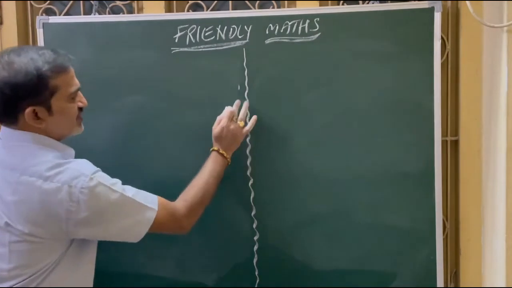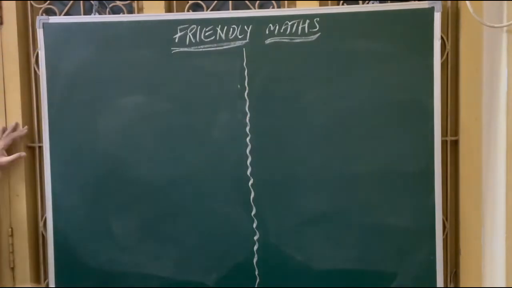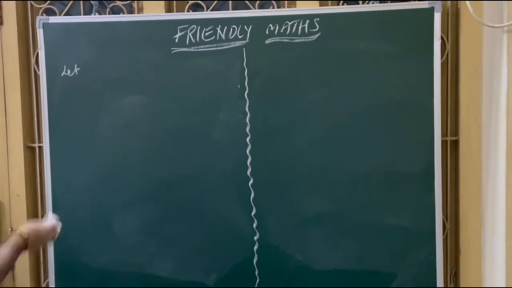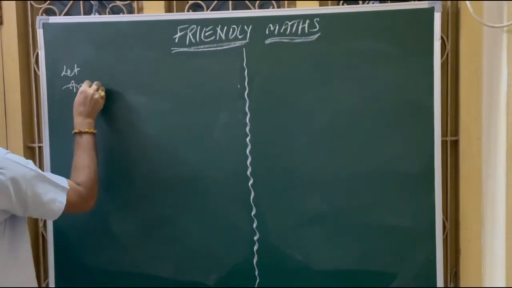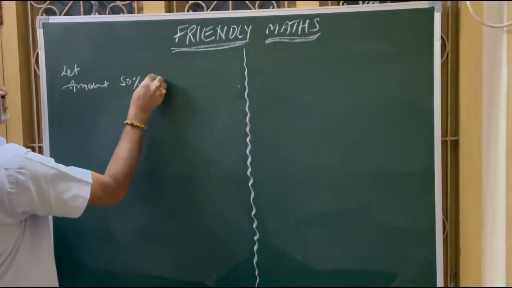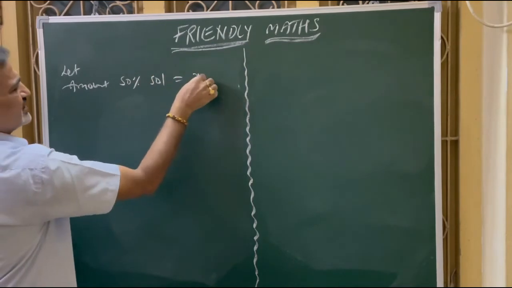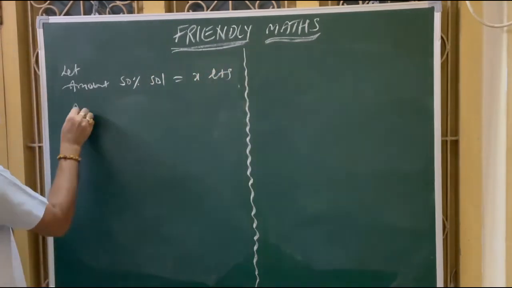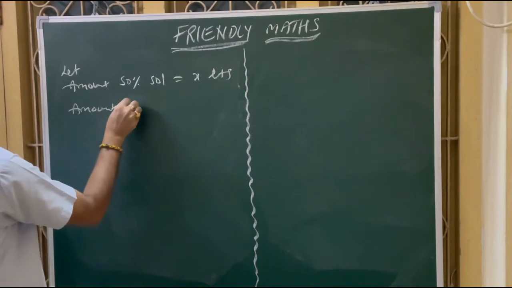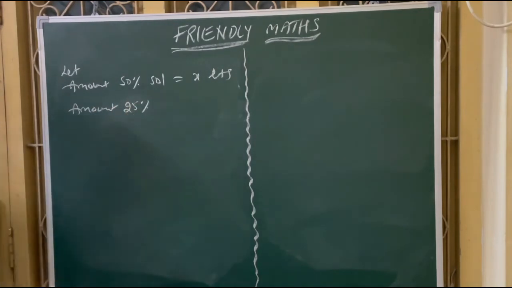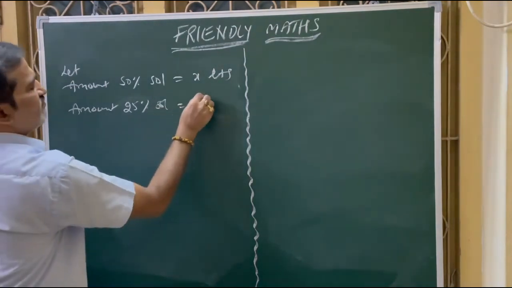Now, the first solution should be taken as x liters. What is the acidic nature of the first solution? 50% solution. Let the amount of 50% solution be x liters you take. The amount of 25% solution is equal to y liters.